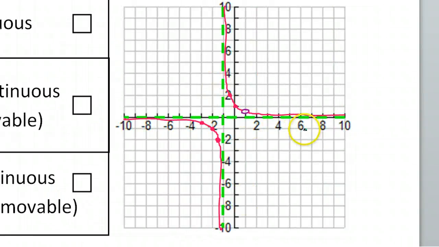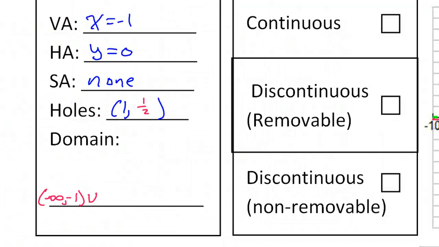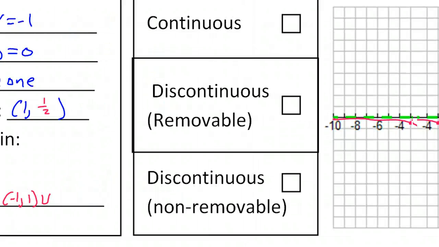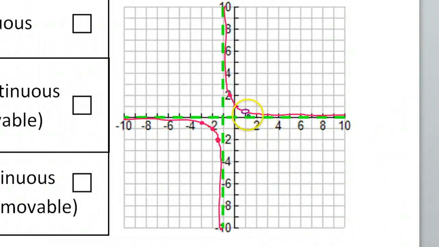But the other branch is in 2 pieces because of the point discontinuity. So we have to do the part on the left and the part on the right. So starting from the asymptote, negative 1 to 1 will be the next piece. And the final piece will be from 1 to infinity.